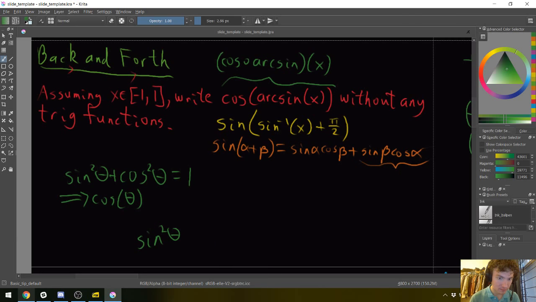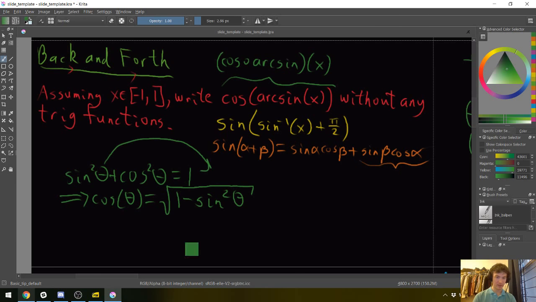Oh. Yeah. Amazing job. So that would just be 1 minus sine squared theta? Yeah, good. So we just pop this over to the other side with a minus sign, take a square root. Good. So, imaginary numbers soon. Well, I don't think we need imaginary numbers. Technically, this would be plus or minus, but let's suppose we're in the quadrant where cosine's positive.